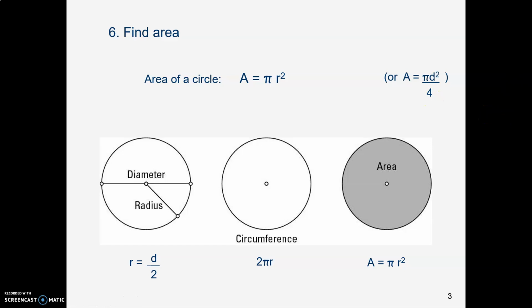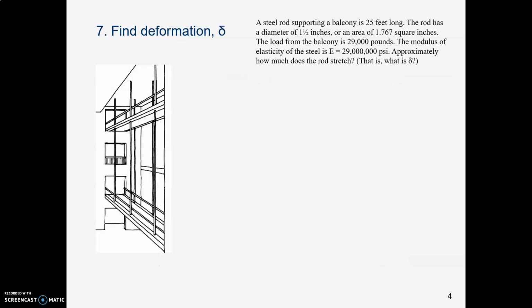So you'll find the area. Then you'll go on to this next question. Here's a balcony. A steel rod is supporting the balcony, and the steel rod is 25 feet long. That rod has a diameter of 1.5 inches, or an area of 1.767 square inches.